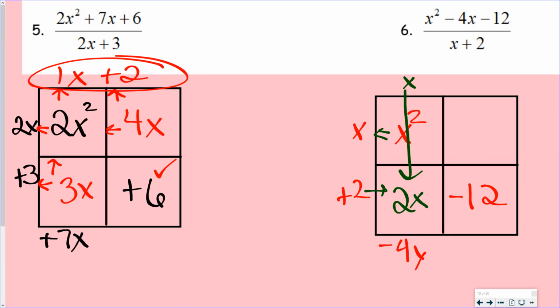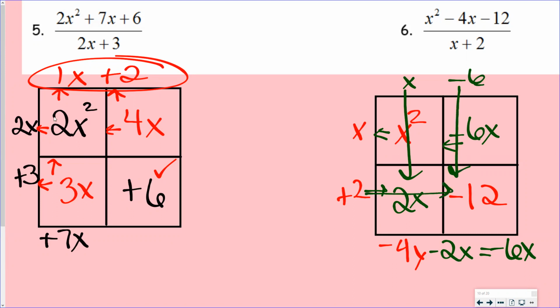Well, if I have 2x here and I need a negative 4x, minus 2x tells me that this would end up being negative 6x. Well, if I have a negative 6x here and I have an x over on the left, that would mean I need a negative 6 up top here. Lastly, I check, is negative 6 times positive 2 negative 12? It is. So x minus 6 is my answer.